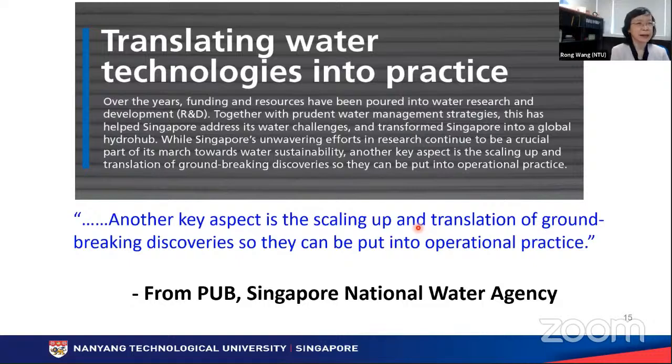We generate a lot of publications, but this is not enough. Another key aspect is the scaling up and translation of groundbreaking discoveries so they can be put into operational practice. This is a comment from PUB, Singapore's National Water Agency.